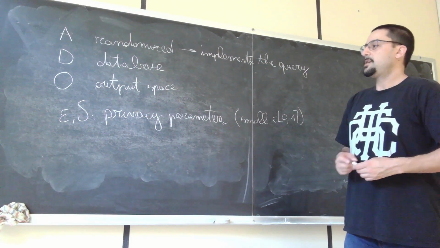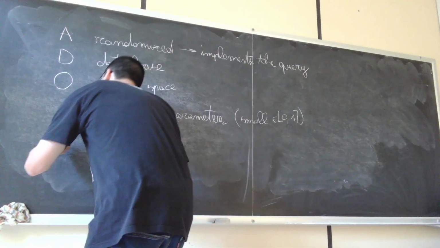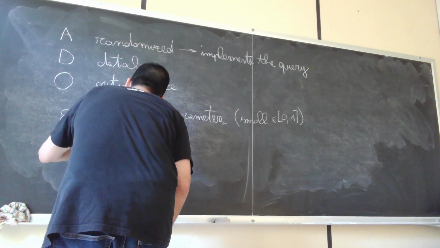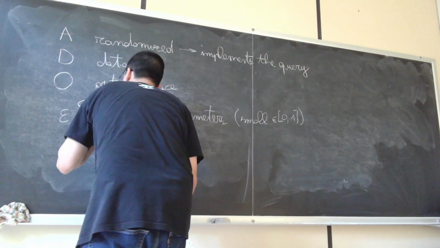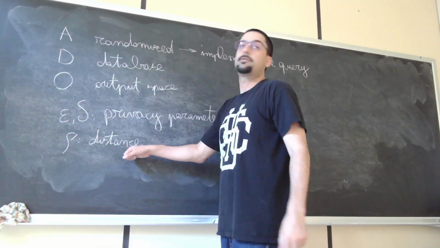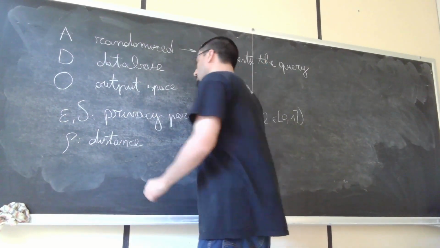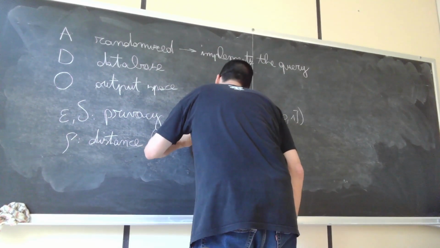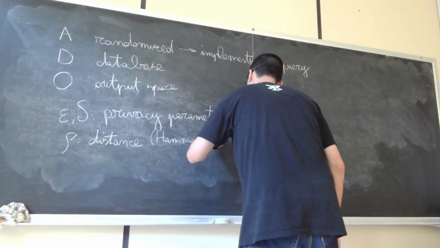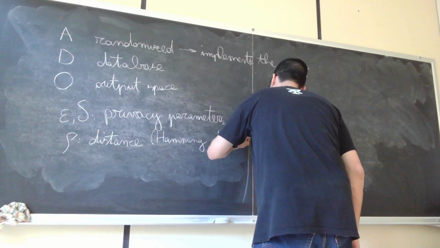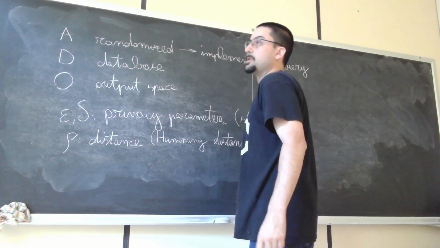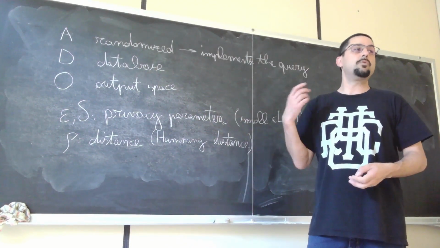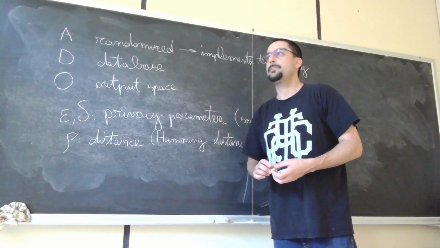After this, we also have a distance rho. This distance tells us how far two databases are from each other. In particular, we are going to use the Hamming distance, because it is the most natural one: if we have two databases that are different in only one row, then the Hamming distance will return 1, exactly in that case.